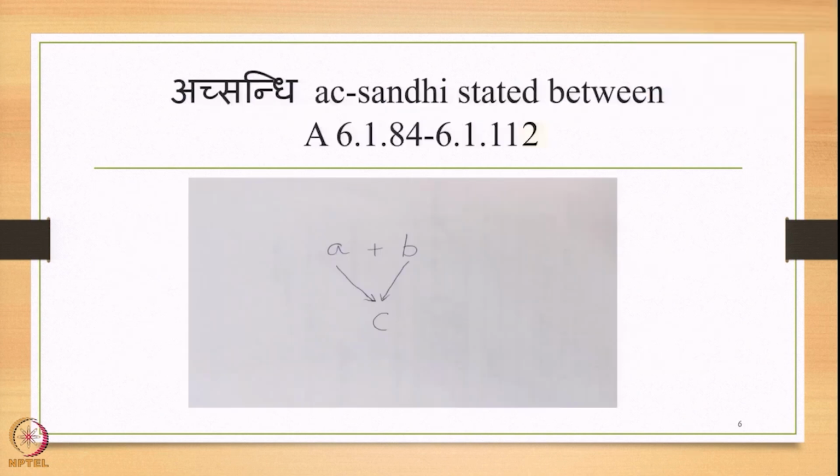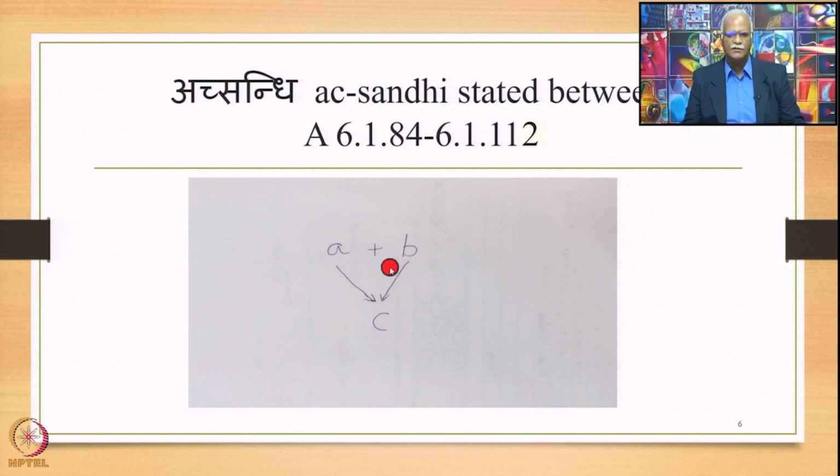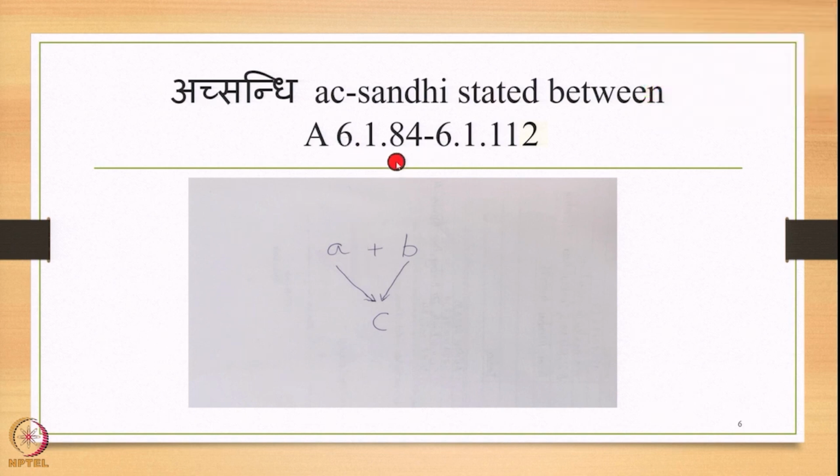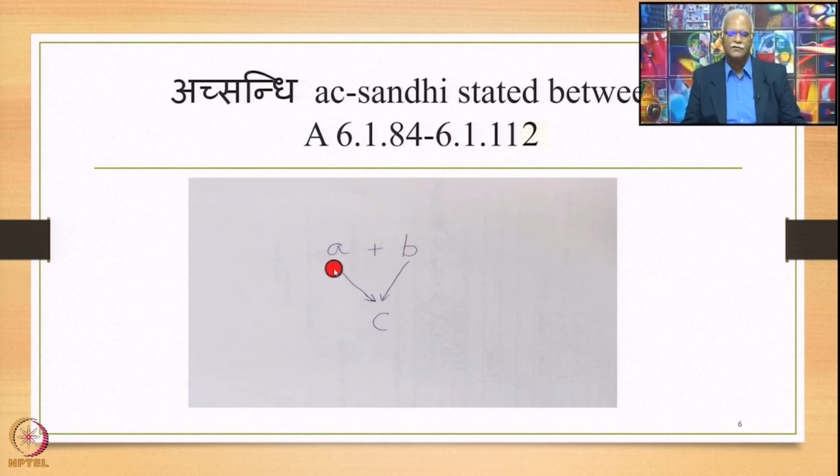This Dvisthanika Ekadesha can be shown diagrammatically in this particular manner, where you have A plus B in close proximity in the Samhita mode, and so one of the sutras in this section that begins with 6.1.84 and goes up to 6.1.112 applies, and then in place of both of them C substitute is stated.